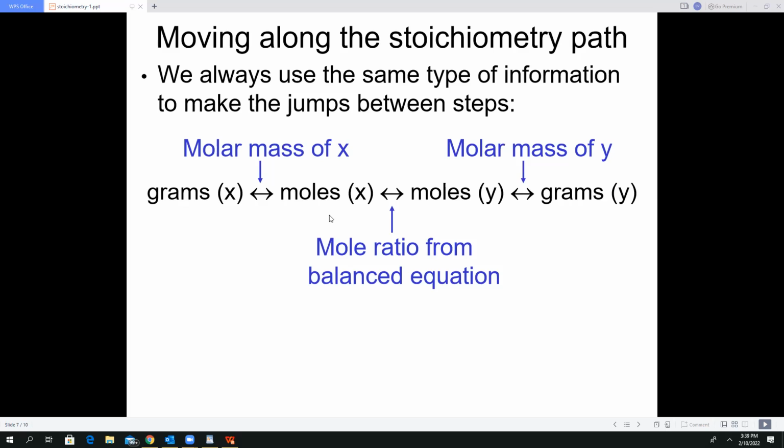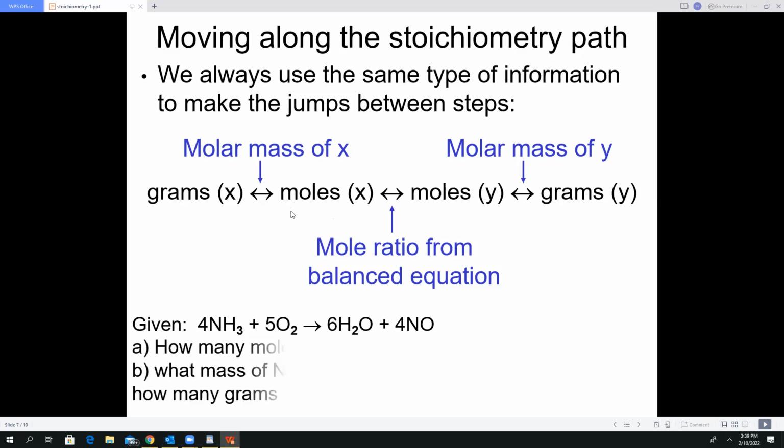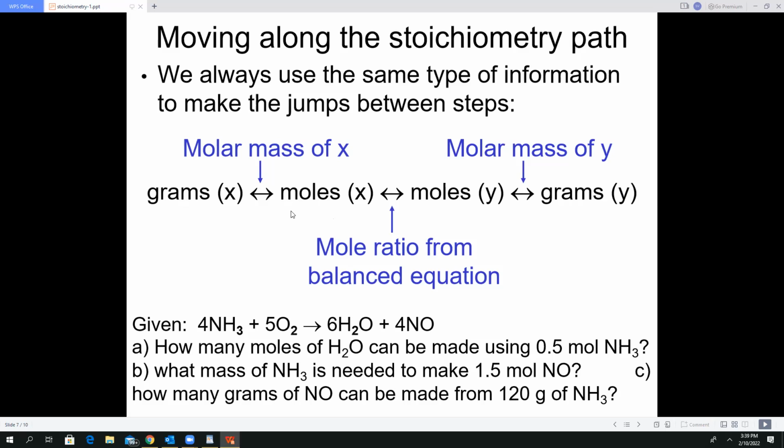Okay, so let's do this example. You've got your balanced equation, and here are three questions that you need to answer. Try and see what you get. First one's super easy. The rest are not so easy because you've got to do molar mass. It's not that it's hard, it just takes longer because you've got to do molar mass of some of them.